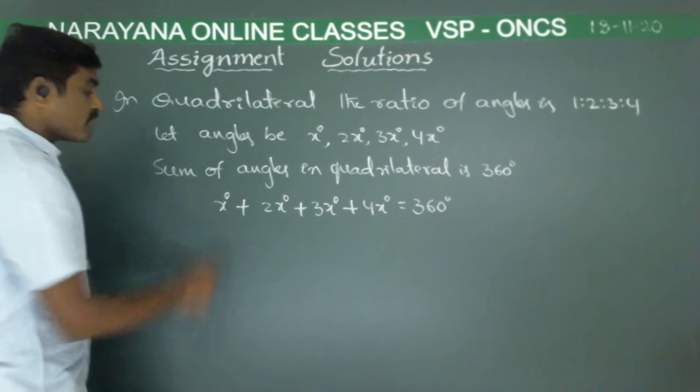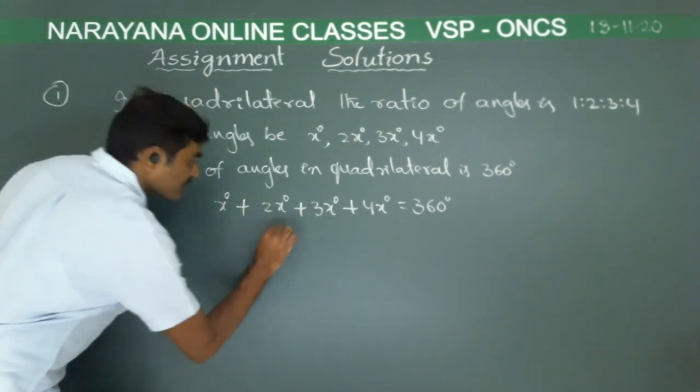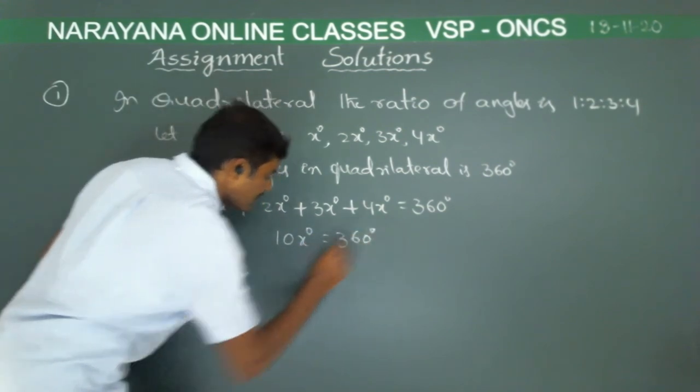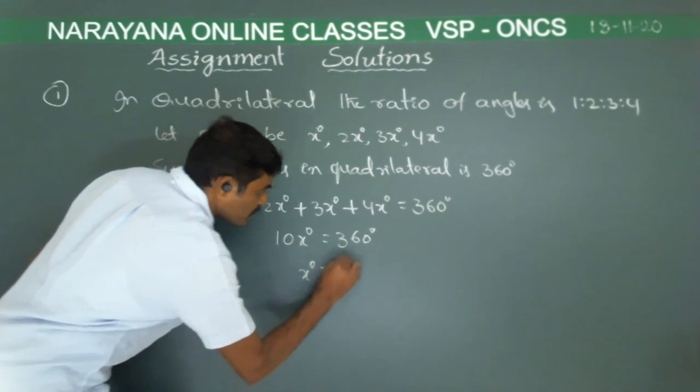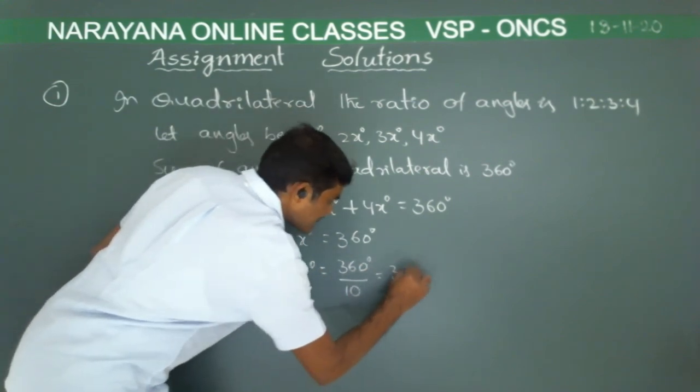Adding them, 4 plus 3 is 7, 7 plus 2 is 9, 9 plus 1 is 10. So 10x is equal to 360 degrees, then x is equal to 360 by 10, which is 36 degrees.